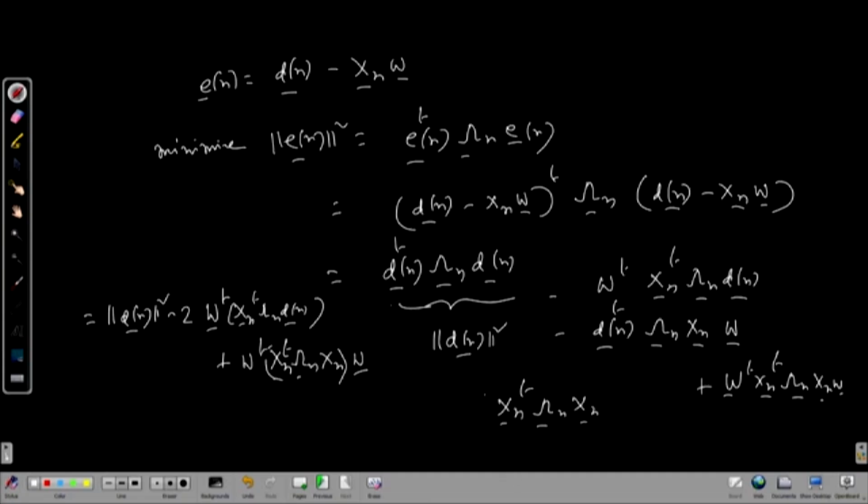This is Hermitian because if you take its transpose, you get x n transpose here, then the transpose of this diagonal matrix which is itself, and the transpose of the transposed x n which is x n. So, same as this. This is a Hermitian matrix. So, if I have a Hermitian matrix R, W transpose R W, which is a scalar, when differentiated with respect to all the components of W and put in a stack, it will be twice R W, we have seen that.